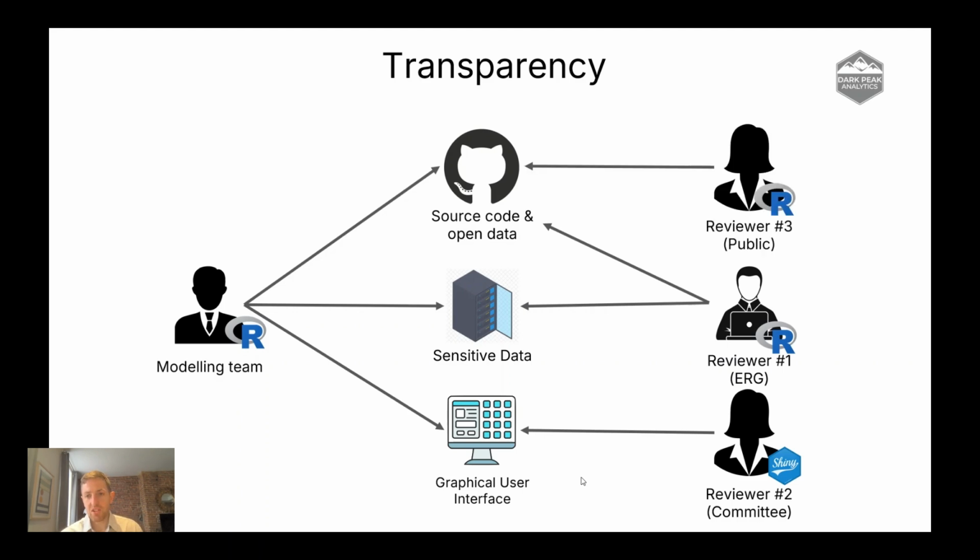And a third reviewer might be just a member of the public who might not have access to sensitive data or even the decision model, but wants to see how these models are built. And this could include PhD students doing research in that area, and just interested parties who have some programming knowledge.